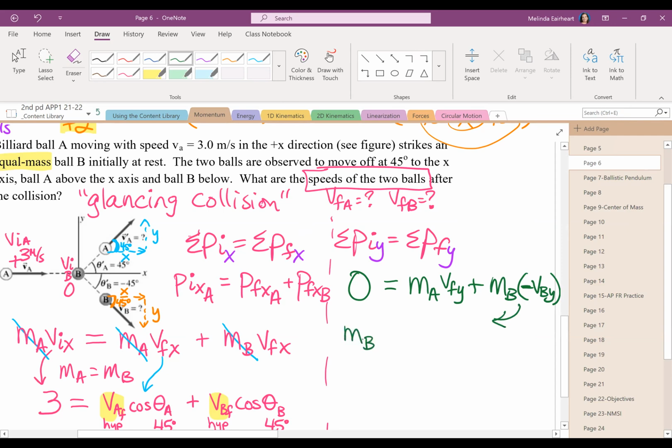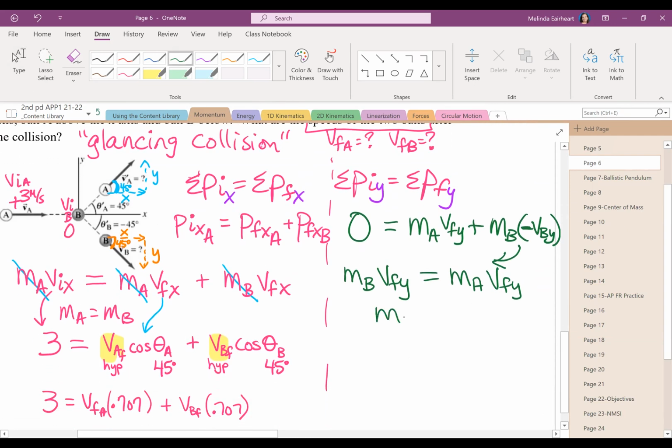So I can say MB V final Y equals MA V final Y. And again, MA equals MB, so what can we do? Cancel out mass. And the next thing, so this is the Y component of A is going to equal the Y component.